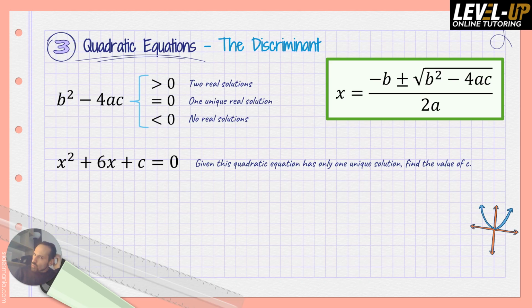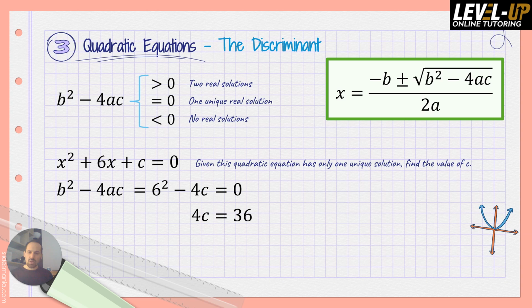So we calculate the discriminant: b squared minus 4ac, where b is 6, a is 1, and c is unknown. We substitute that in, and because we're told there's only one unique solution, it must equal 0. Now we've got a little equation for c. We can solve that: 4c equals 36, c equals 9.